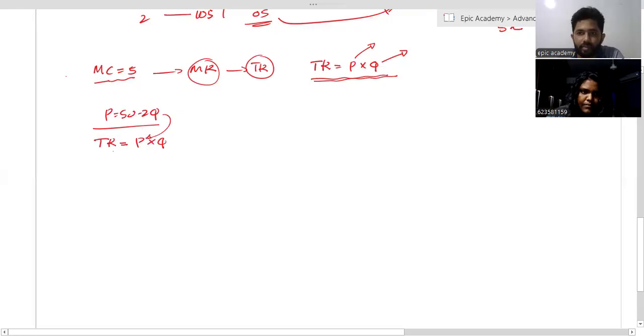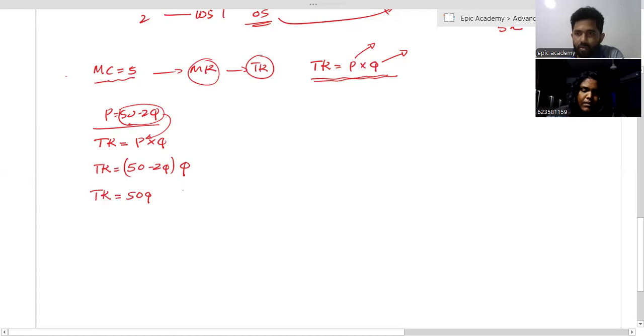TR equals P, and for the P we write 50 minus 2Q. Q represents the quantity of exchange. So the entire equation is multiplied by Q. Then TR equals 50 multiplied by Q, which is 50Q.